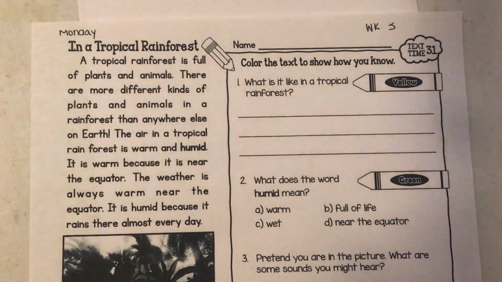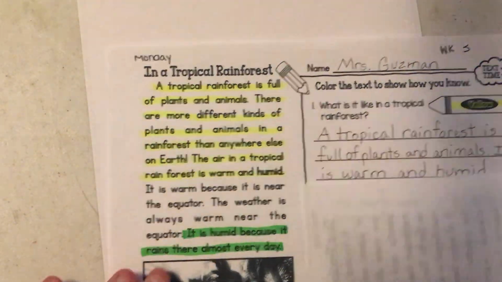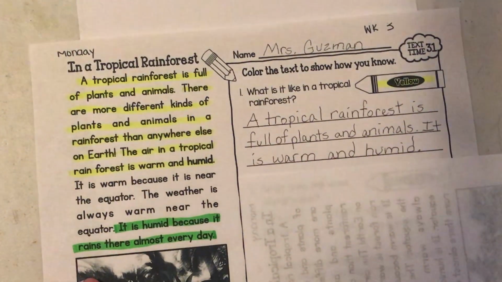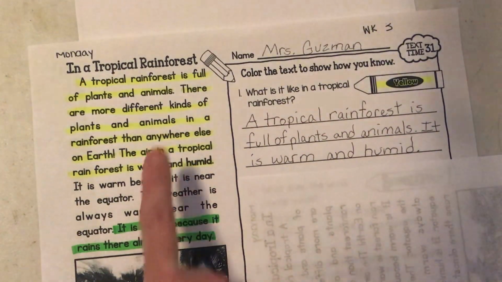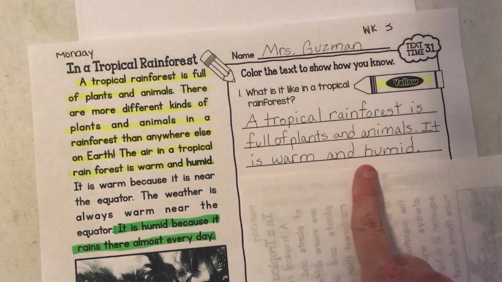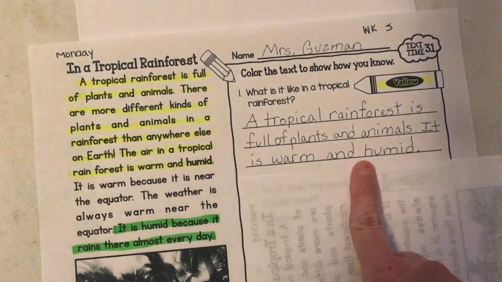So I'm going to start with number 1, and I'm going to show you my yellow that I have highlighted. I went back and I want to show my key details. Those are the key details that I read about when I was reading about a tropical rainforest.